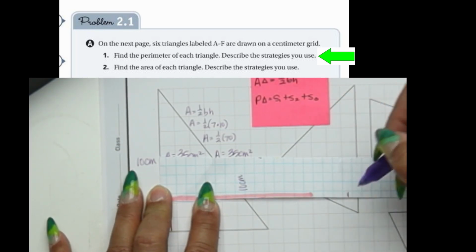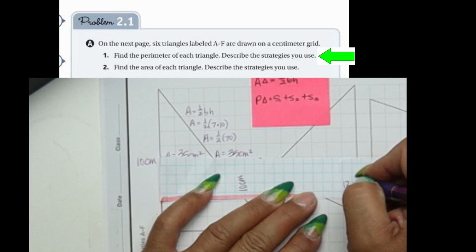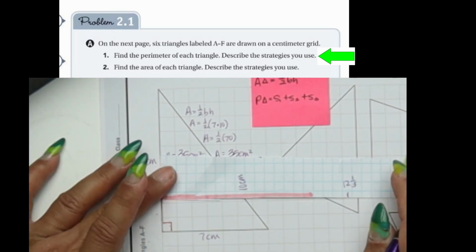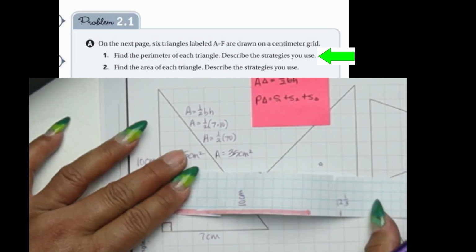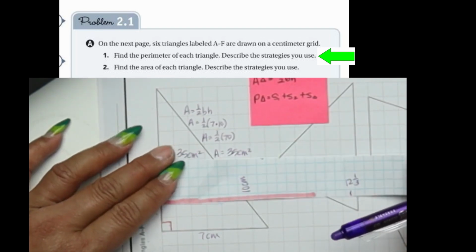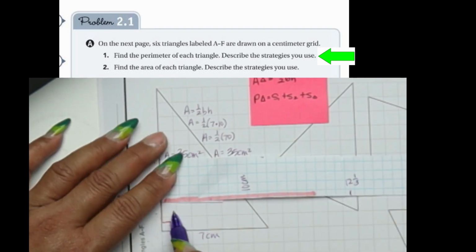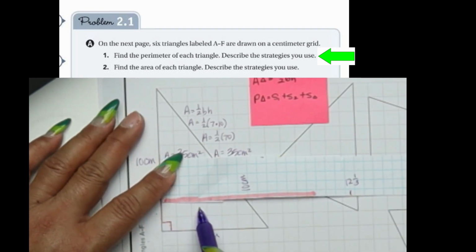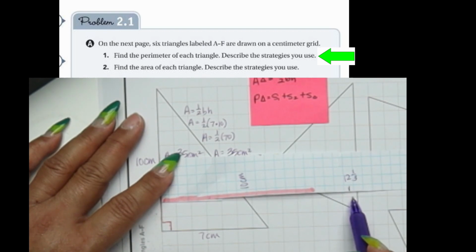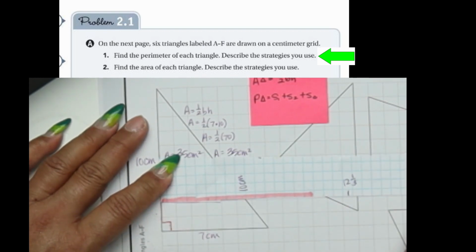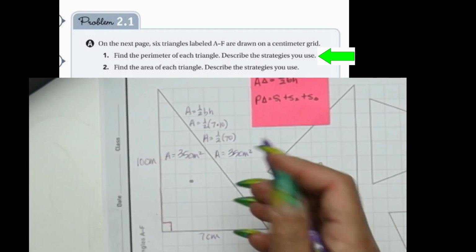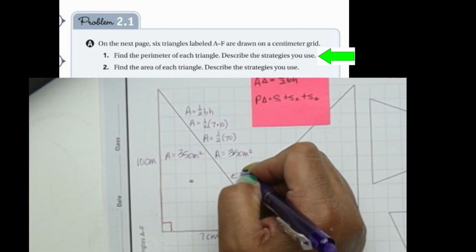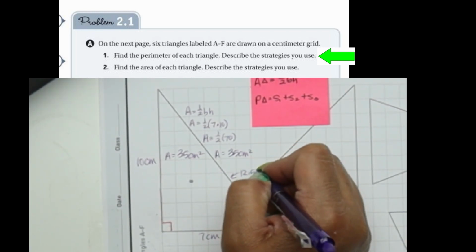About 12 and 1/3, because I'm using this grid paper to measure the line. So these are 1 centimeters. 1, 2, 3, 4, 5, 6, 7, 8, 9, 10, 11, 12. And it's about here, maybe 12 and a half. So this is about 12 and a half centimeters.